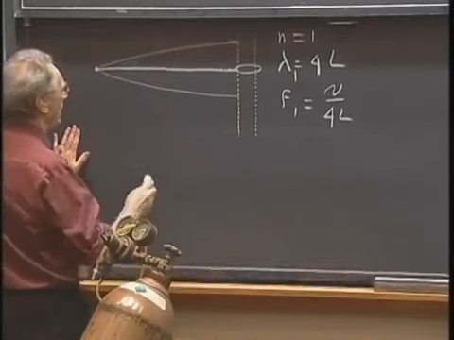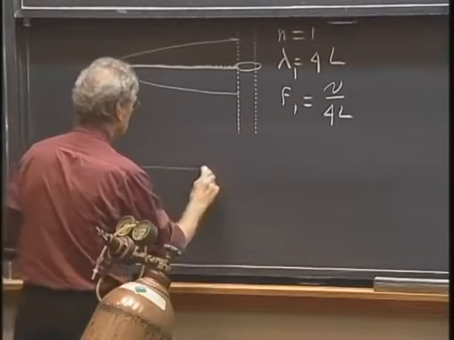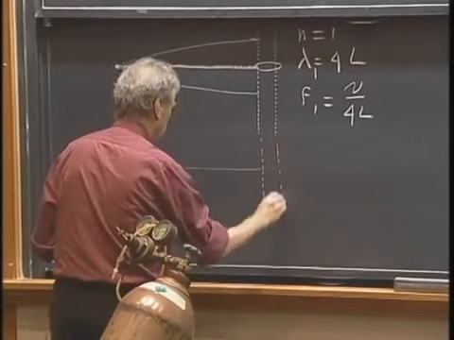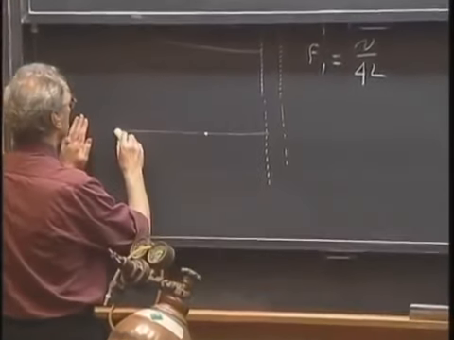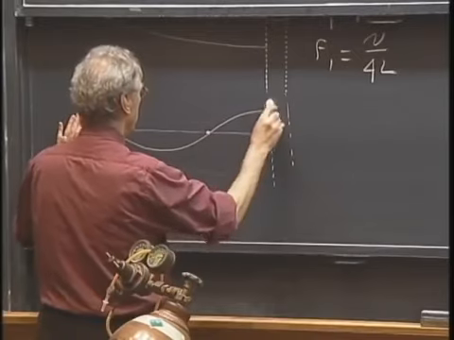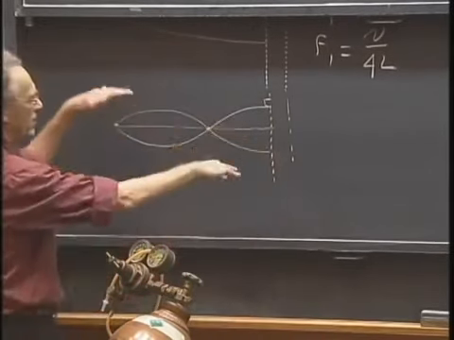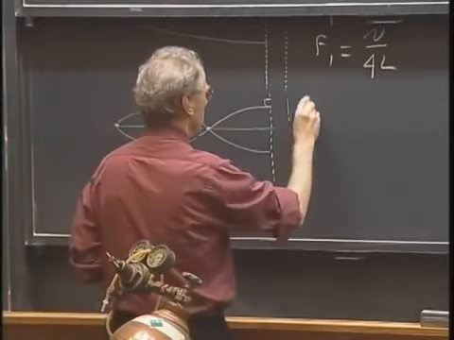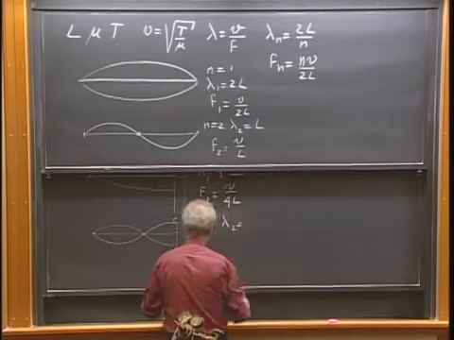So you can go one step further. You can ask now for the second harmonic. So here again is that rod. Now I introduce another node here. And so now the string would look like this. This is again 90 degrees. And as it oscillates, it would move like this. So now this is n equals 2. This is the second harmonic. You can just look at it.